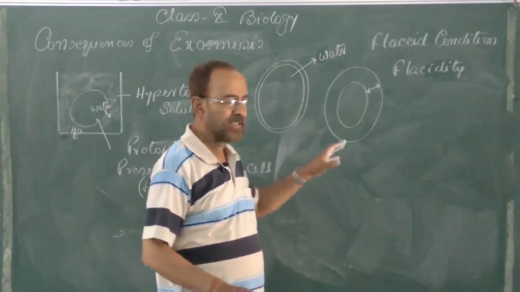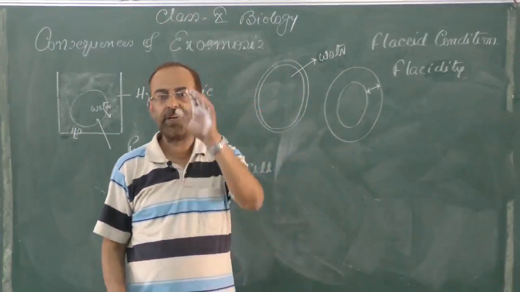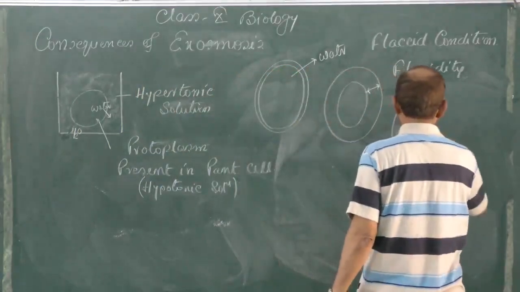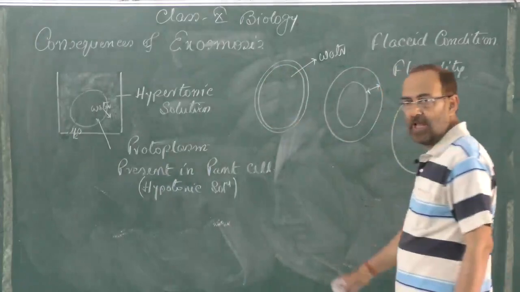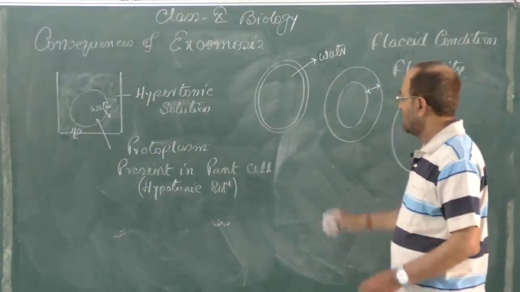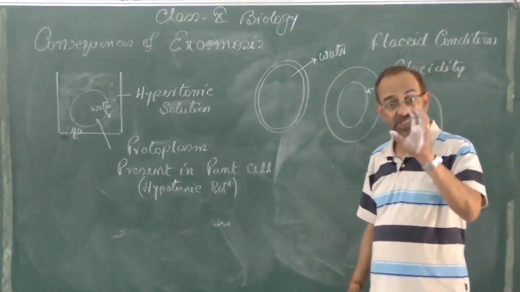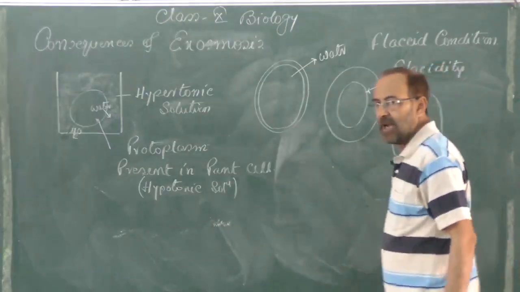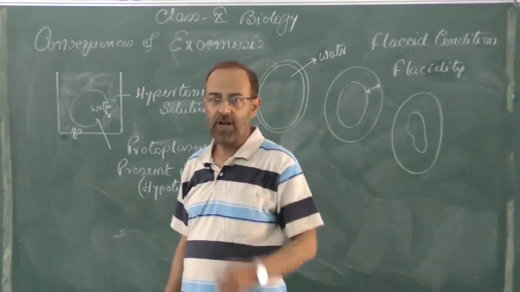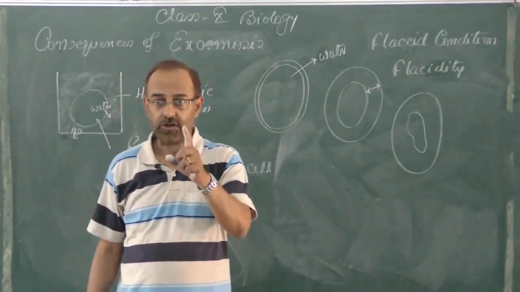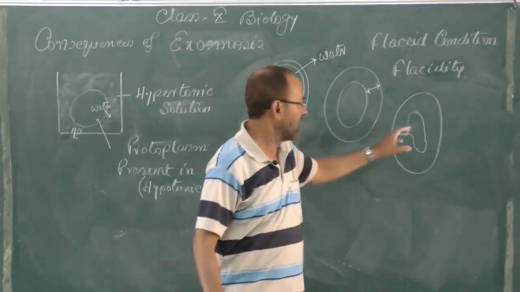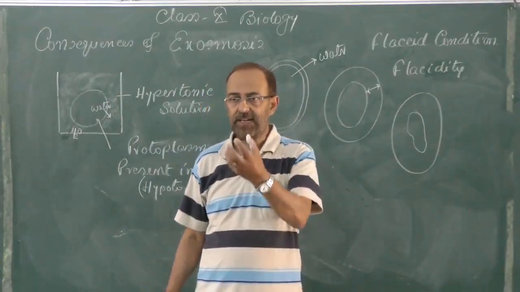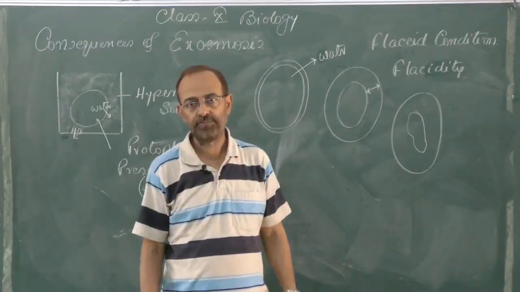Now, if the flaccid cell is still kept in hypertonic solution, there will be far more loss of water from the protoplasm, and ultimately the protoplasm will shrink to such an extent that it will form a distorted and contracted mass, exactly at the middle of the cell.